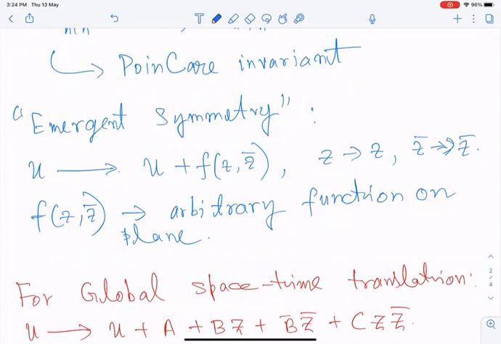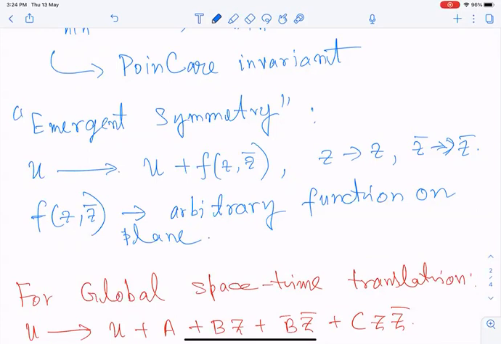Question. Hello. Please go ahead. In this holographic thing, you said that there is no metric present, right? Yeah, so far. Sorry, your voice is breaking and I can't hear you clearly.